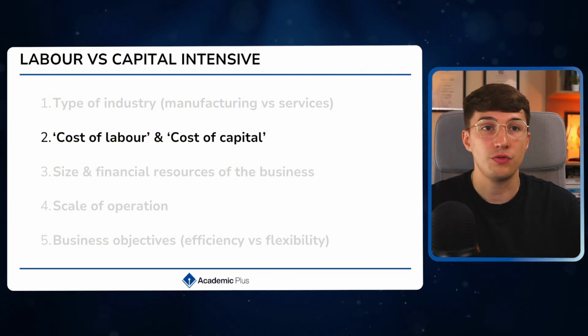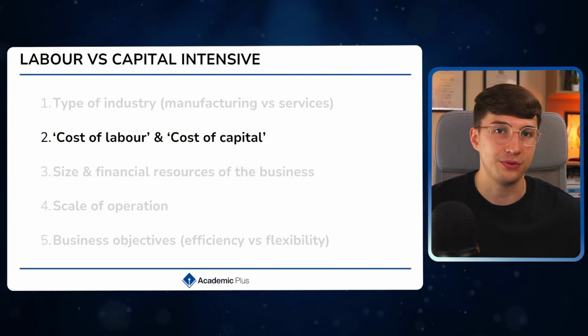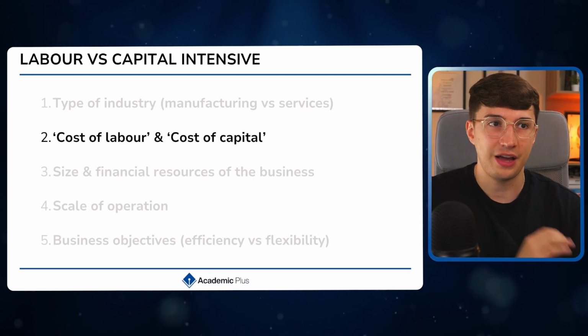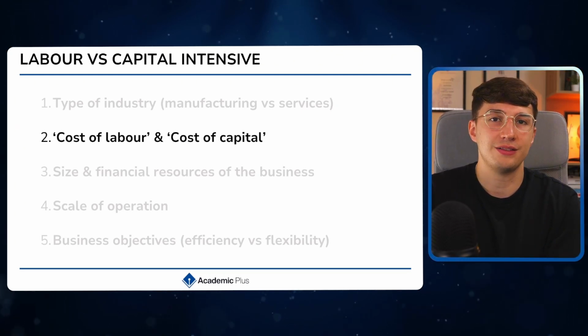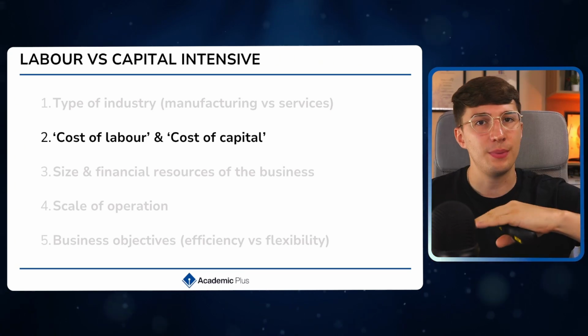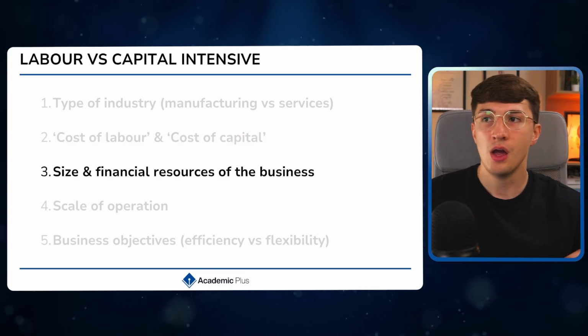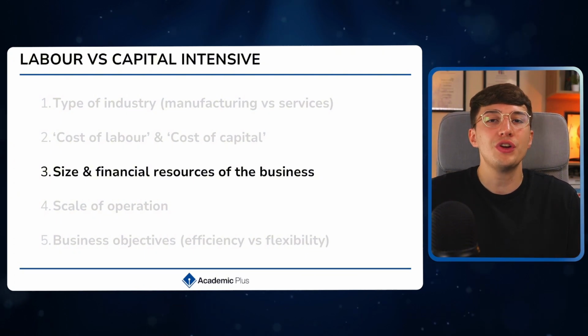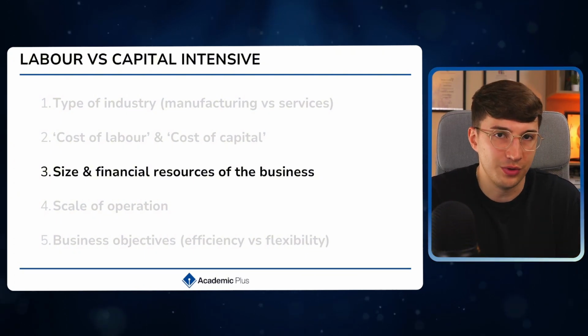It will also depend on the cost of labour and the cost of capital. Now, I know we said cost of capital is obviously going to be very expensive to set up, but maybe in the long term, it'll probably be a little bit cheaper than the cost of labour. We'll also have to consider what resources do we have available to us now.